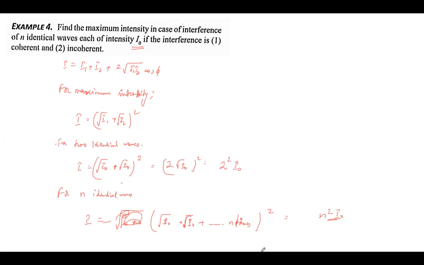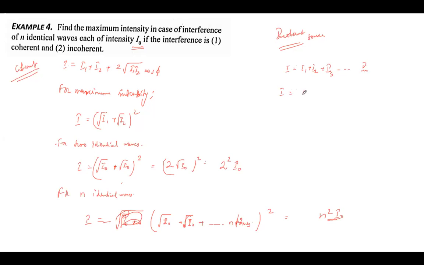ठीक है. और फॉर इनकोहेरेंट सोर्सेस, इनकोहेरेंट वाले में हम लोगों ने पढ़ा था कि ये बस ऐड हो जाता है, इंटेंसिटीज I1 प्लस I2 सीधे ऐड हो जाएगा इनकोहेरेंट सोर्स में. सो अगर आपको याद होगा हम लोगों ने करा था इफ cos phi varies continuously with time then incoherent source हो गया वो, उस केस में I is equal to I1 plus I2 plus I3 up to IN.